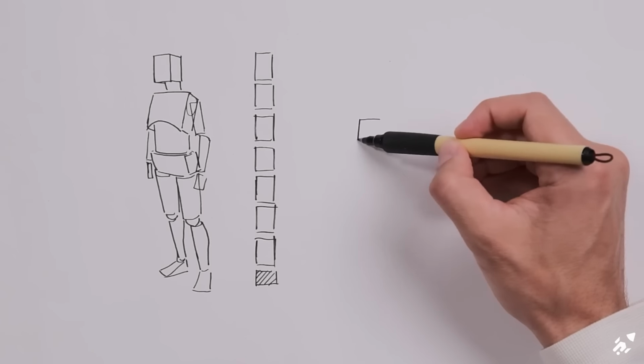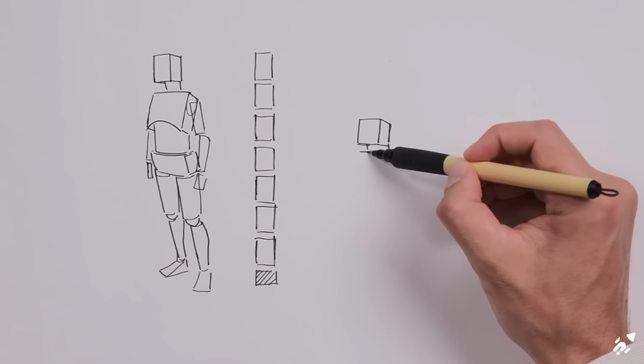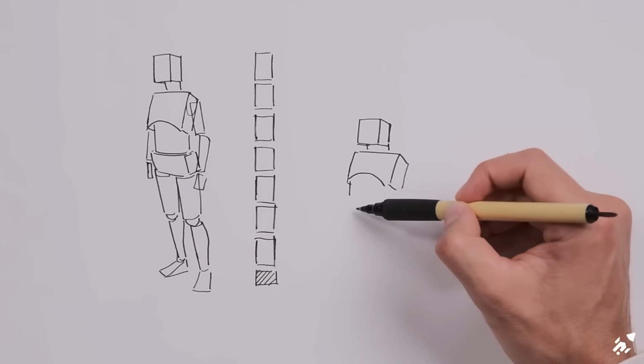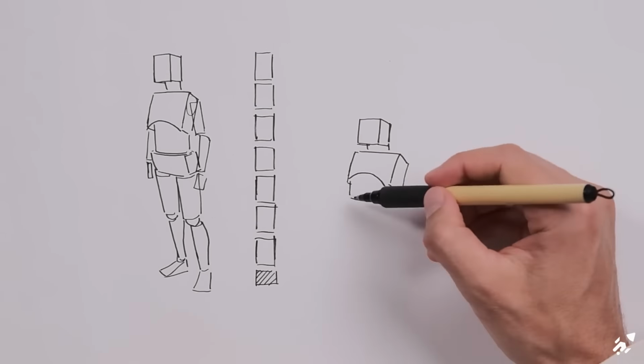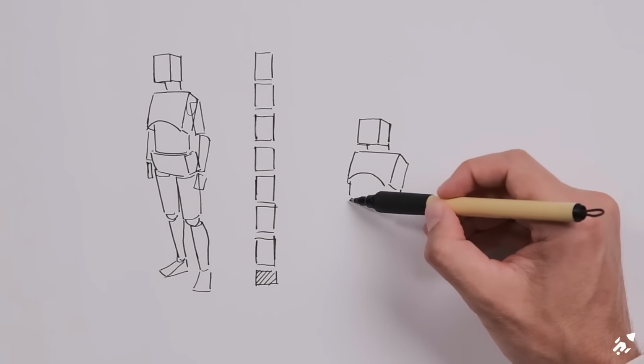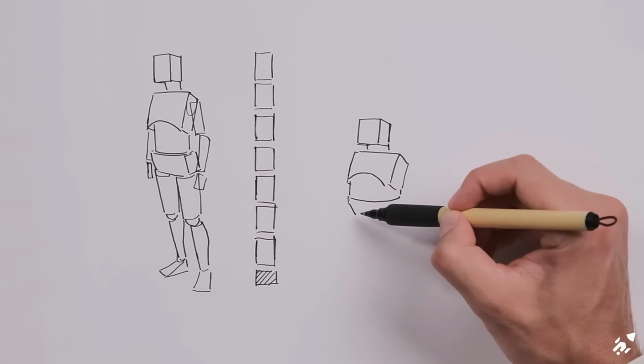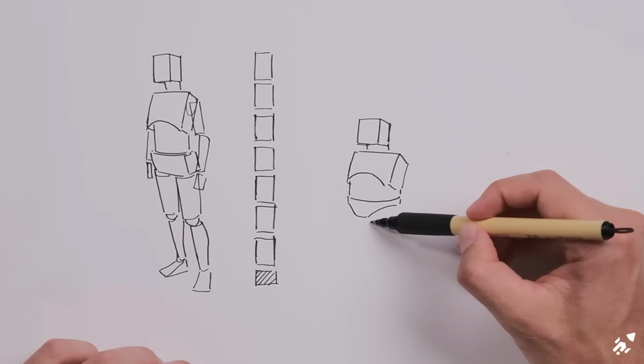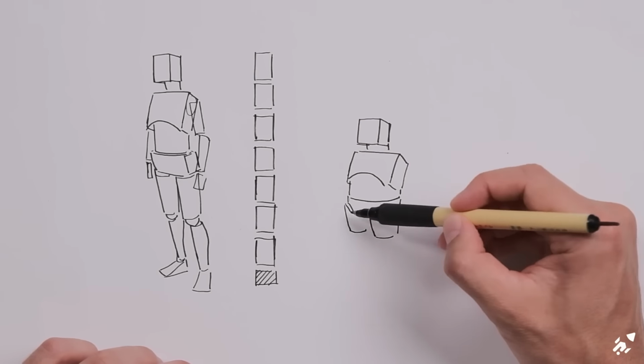So your torso will be about 3 to 4 heads in length in ideal proportions, but that doesn't really teach you how to draw from imagination or how to draw your own OC, your own original characters, because you may want to draw elves or dwarves or whatever. And those are completely different proportions. So it doesn't necessarily have to do with just the proportions of the head compared to the body.